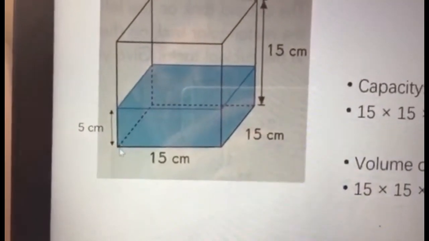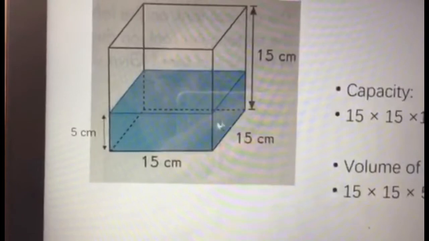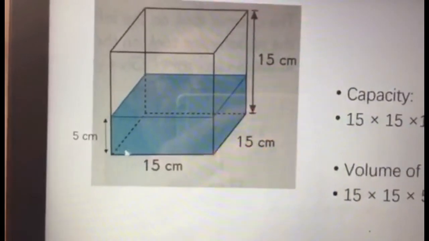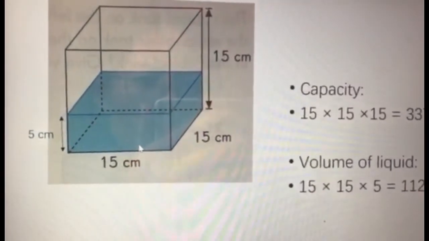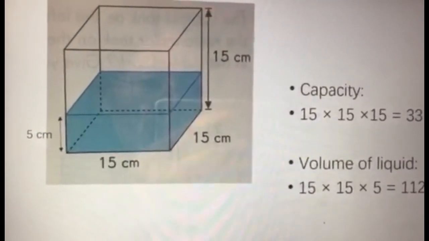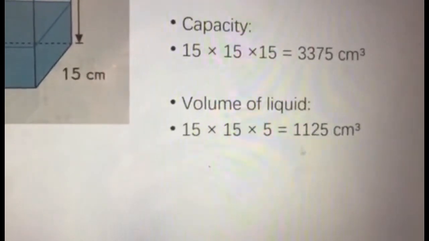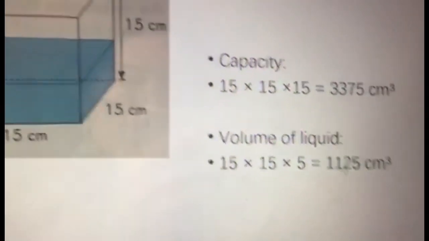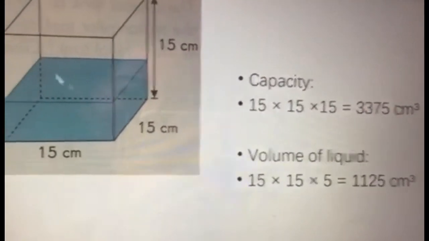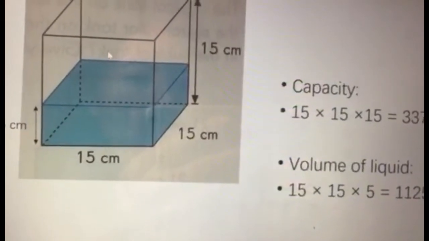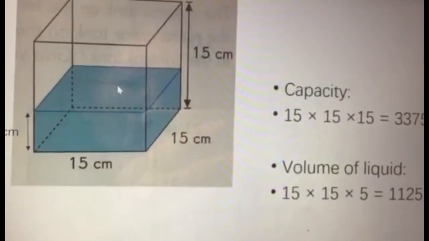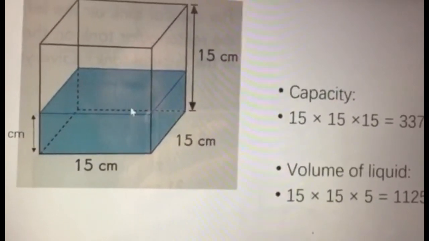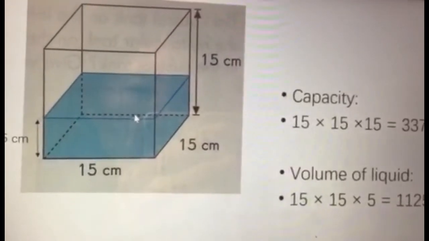So the volume of the water is 15 times 15 times 5, the volume of this part of the cube. You can consider it another rectangular prism. So the volume of the liquid is 1,125. And if you do subtraction, you will know the volume of the empty part. Sometimes you are asked how much water you need to fill the tank completely. Then you will know how to do it.